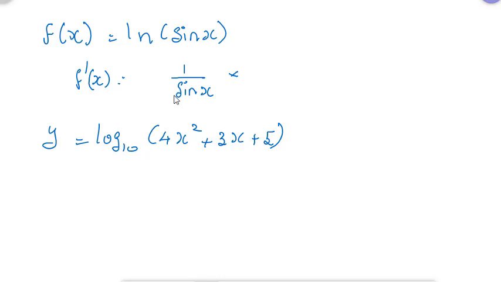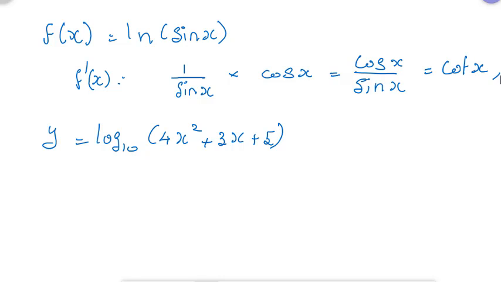And if I differentiate the sin x, the value changes to cos x. Now the value is cos x over sin x. You already know cos x by sin x is equal to cot x. So the answer is cot x.